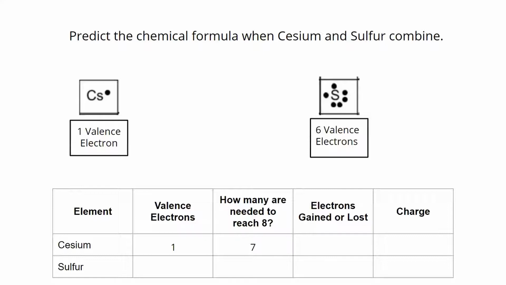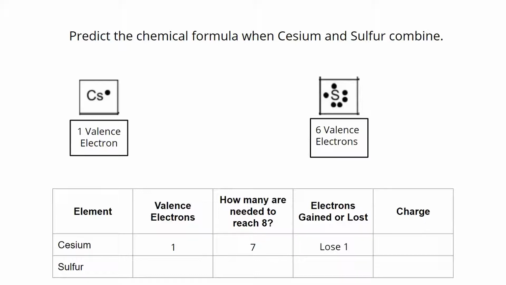Is it easier to gain 7 electrons or easier to lose 1 electron? It's a lot easier in terms of atoms and bonding for it to give up 1 electron than it is for it to gain 7. So it's going to lose 1 electron.